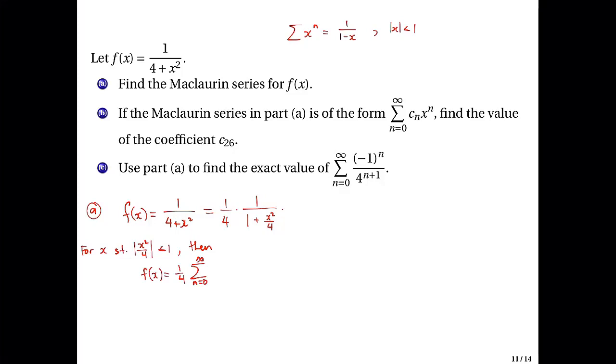And by the way, here we start with 0, okay? And this will be negative x squared over 4 to the n. Or it's the series from n equals 0 to plus infinity, -1 to the n, x to the 2n over 4 raised to n plus 1. So this is the Maclaurin series for this function.